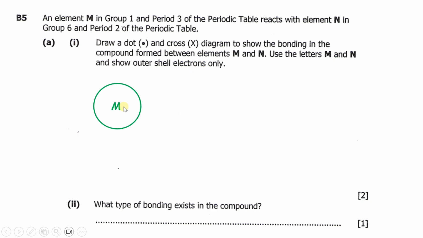Sodium loses 1 electron, so it will remain with 8. So you use dots here, you put 8 in the last shell for sodium. Then if it loses 1, it forms a positive charge of 1. So this is sodium. Then for oxygen, it will gain how many? Actually it gains 2 because it has 6.